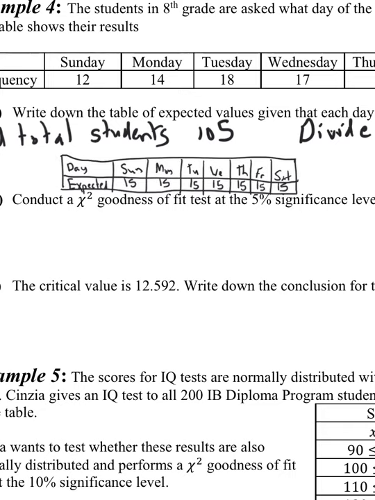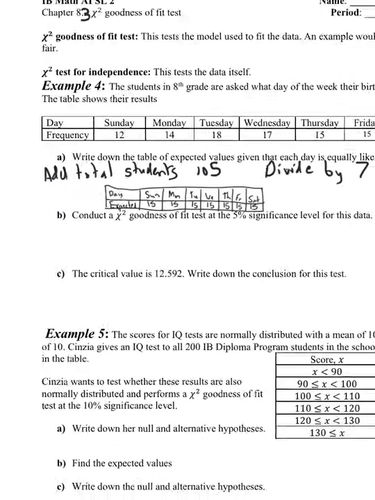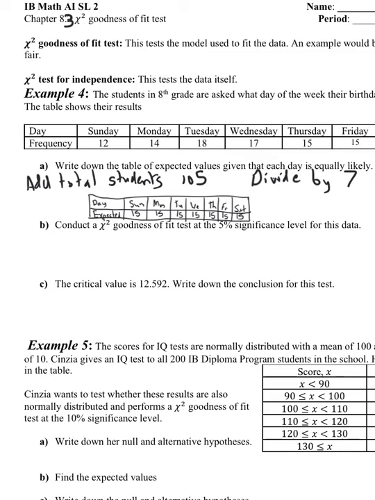Now we're going to conduct a chi-square goodness of fit test. So what I do have posted on the Canvas page is how to put the chi-square goodness of fit test in your calculator instead of a regular chi-square test.